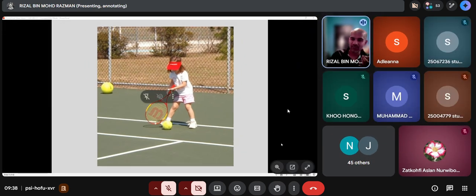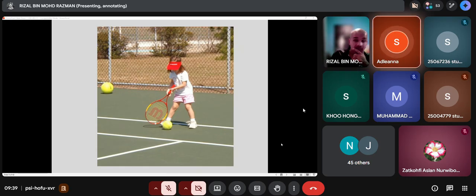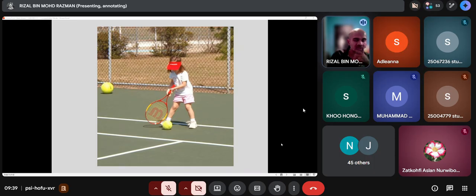What is the objective for this kid coming to train tennis? What is the goal? To learn better swinging, better hitting. Right, to learn to hit the ball. What is the bigger goal?